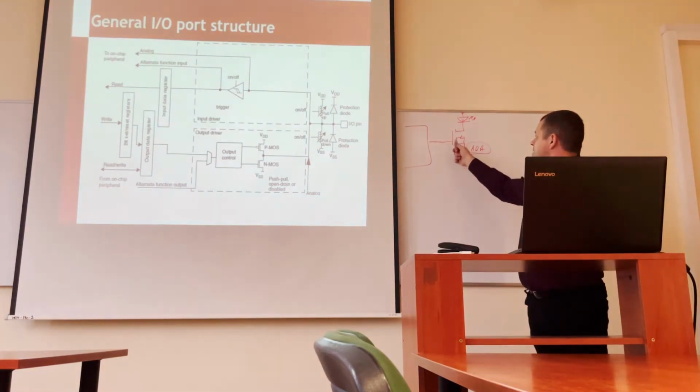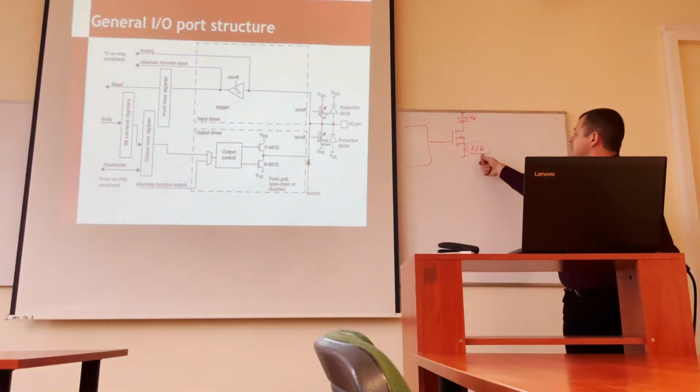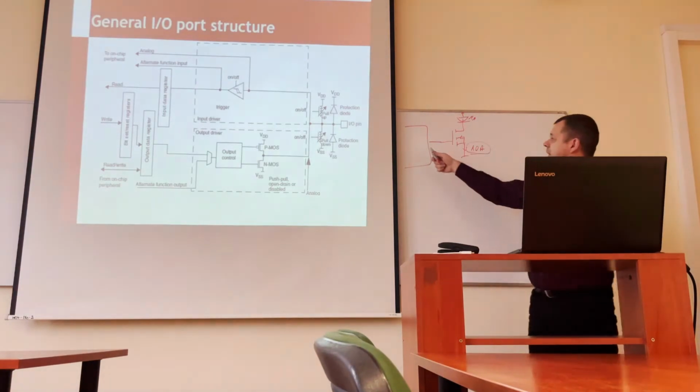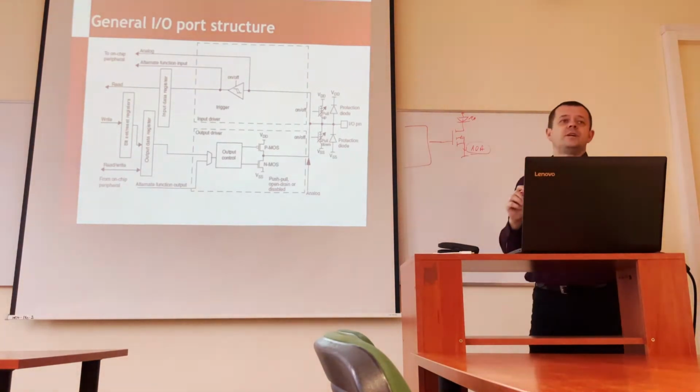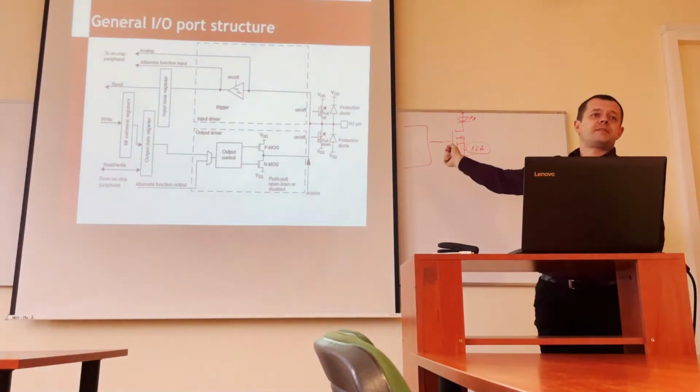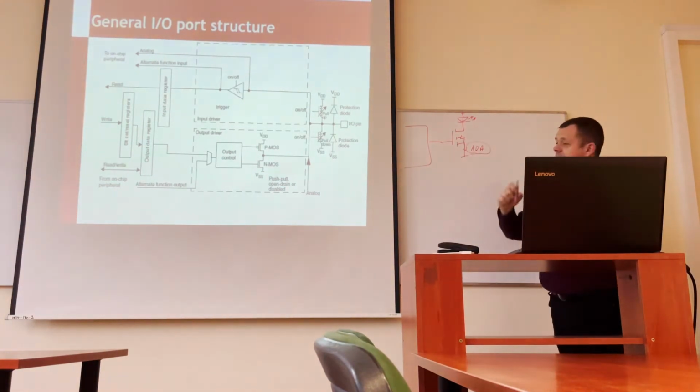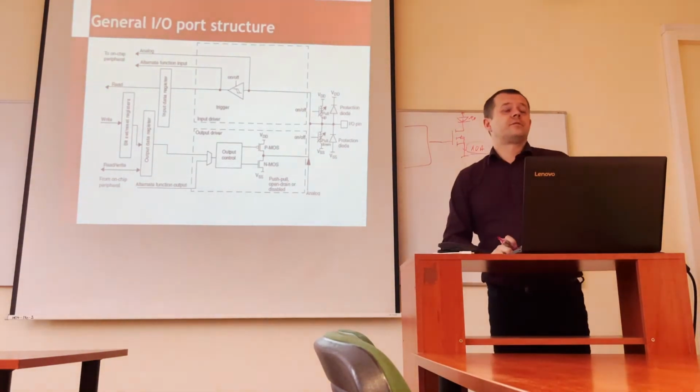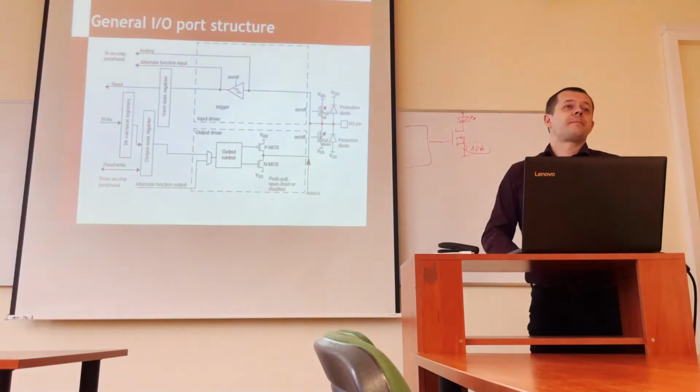But again, what's the problem of driving too high loads directly from this output? What may be the disadvantage? For example, if you try to drive 100 amps or something like this. The gate capacitance? Yeah, the problem is the gate capacitance.